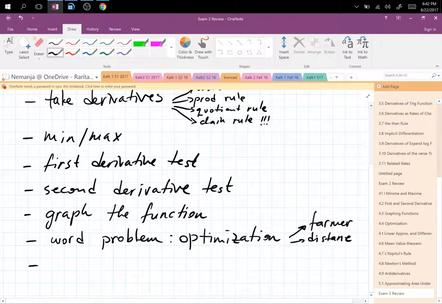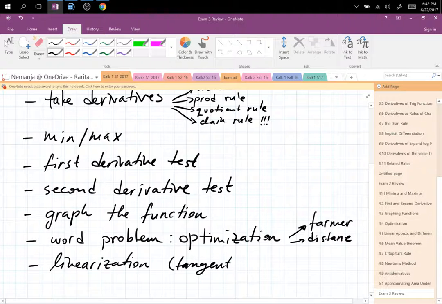And then we have linearization, which is actually tangent line. So compute ln of 5. Compute square root of 20.